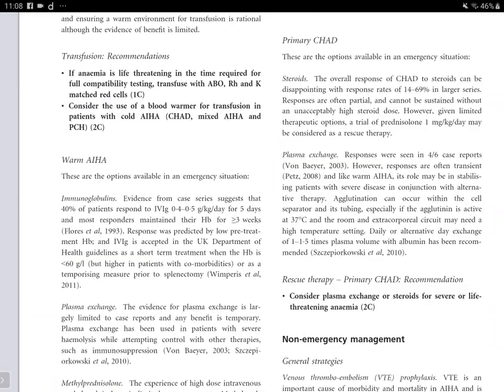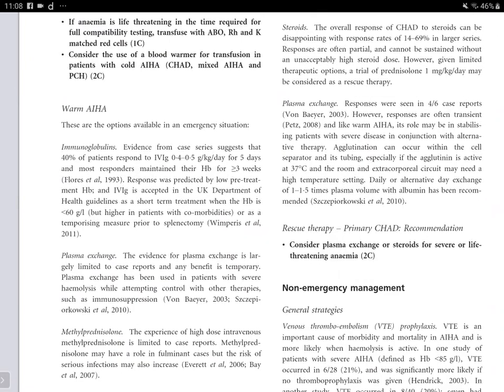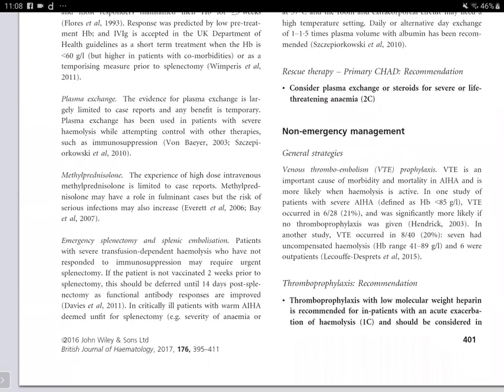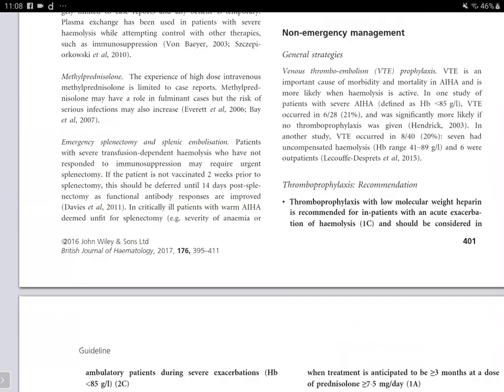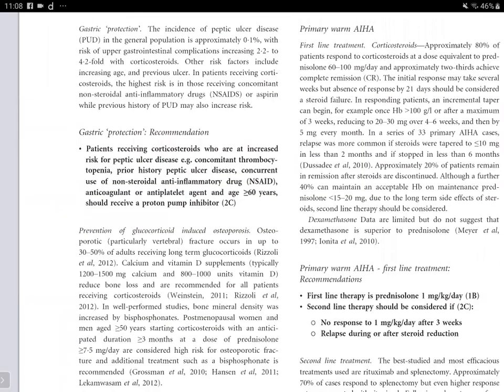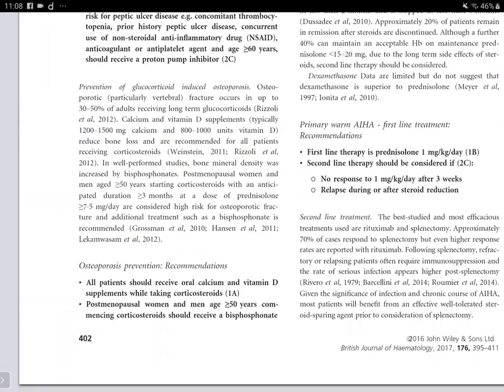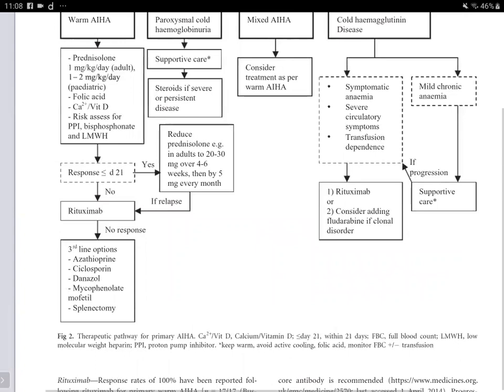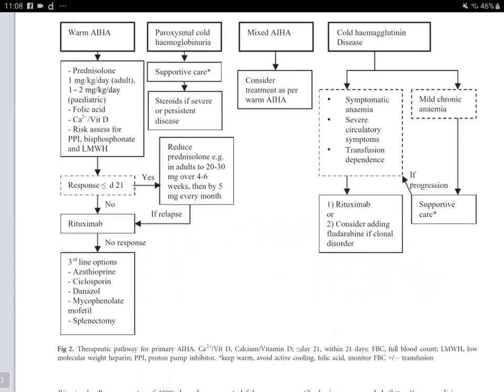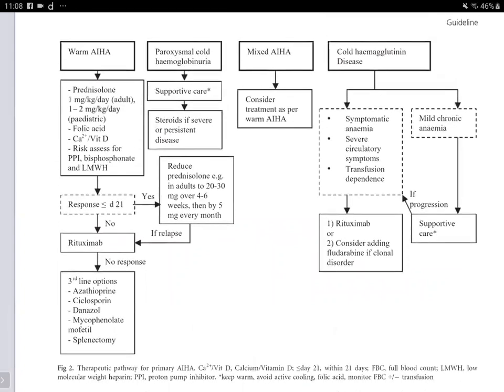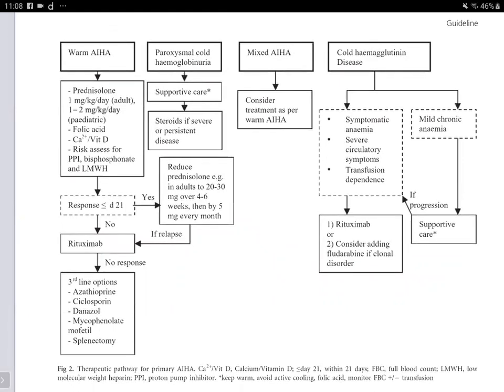What remains are the non-emergency managements, which we'll go into in detail and go through word by word. This is another flow chart, the algorithm therapeutic pathway for the primary autoimmune hemolytic anemia, that we'll be going through in detail.